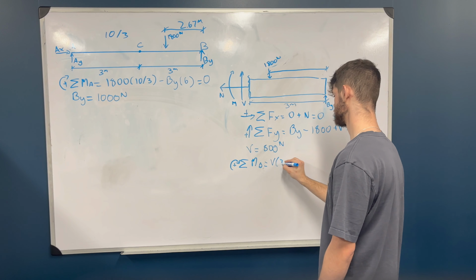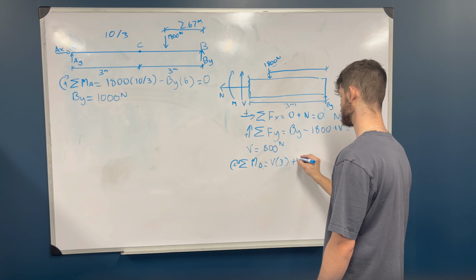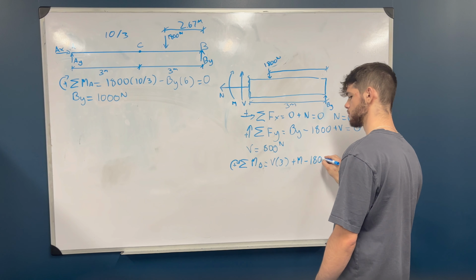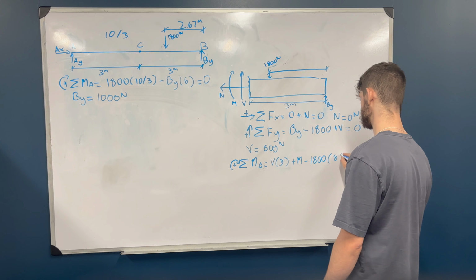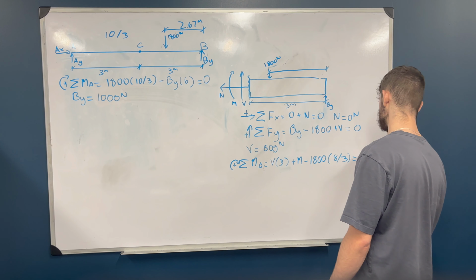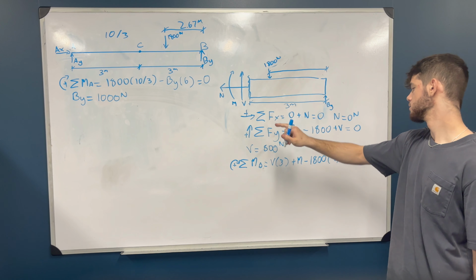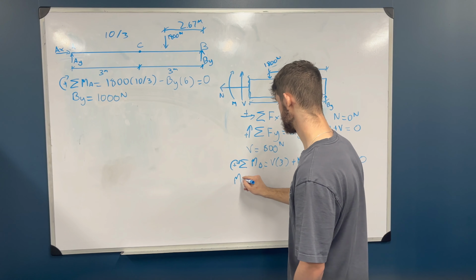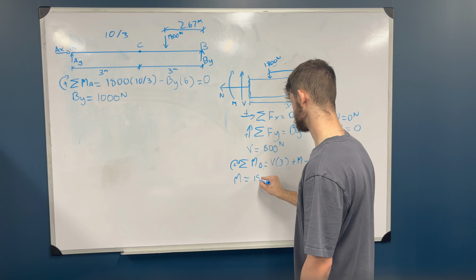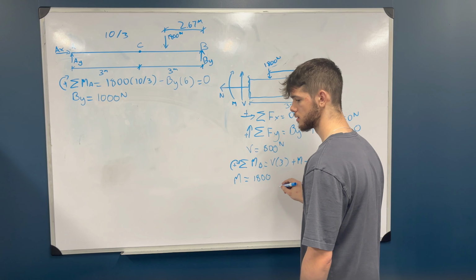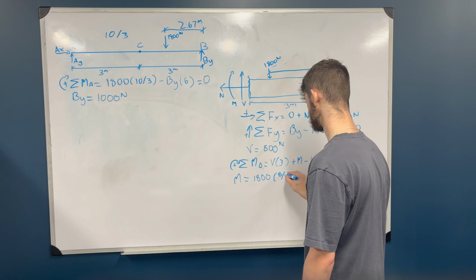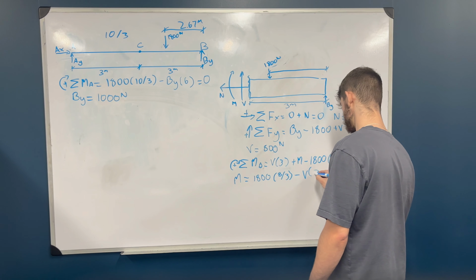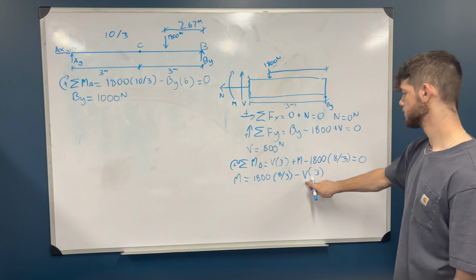Shear times 3 plus the moment minus the force times 8/3 equals 0. Then M equals 1800 times 8/3 minus V times 3.